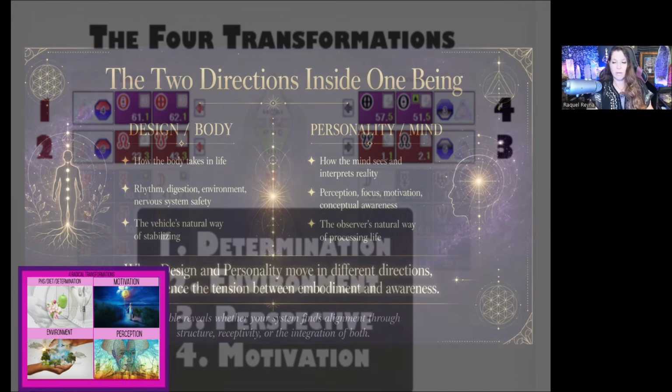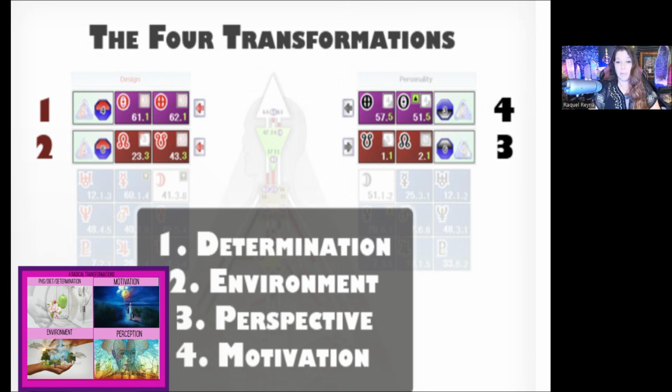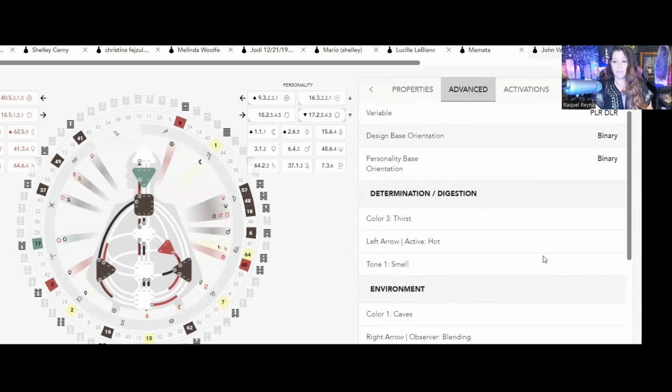Now I want to show you one more piece about these variables. And this is very important. These are also called the 4 radical transformations. So the 4 radical transformations, each one of these areas also has a deep, in-depth study. So the arrow to the left here, based on the color and the tone, affects how you digest life. So where you see this in the software is where it says determination, digestion. This is color 3, thirst.